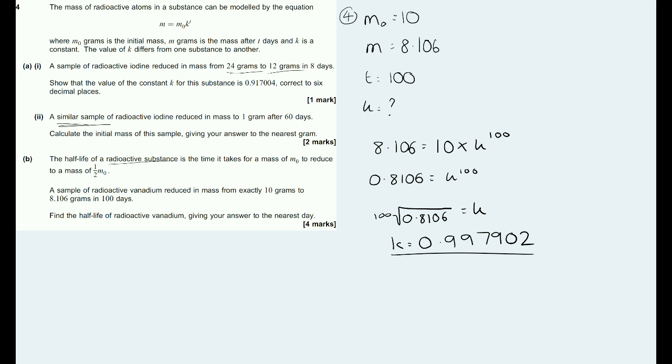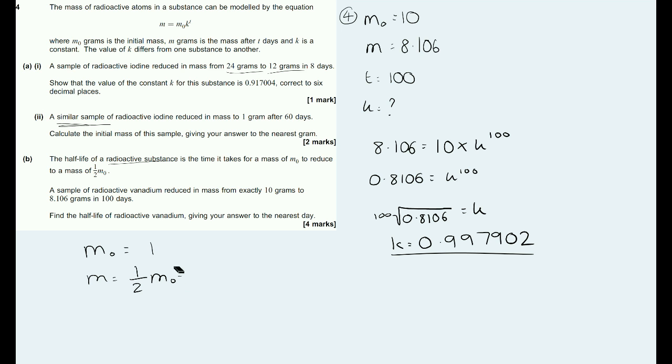Now we're asked to find the half-life of this radioactive substance. So what does that tell us? Well, that tells us that m is going to be half of m0. Now, if you wanted to, you could just put a value in here, like 10 and 5, and it would work.